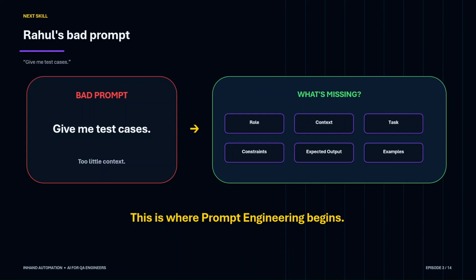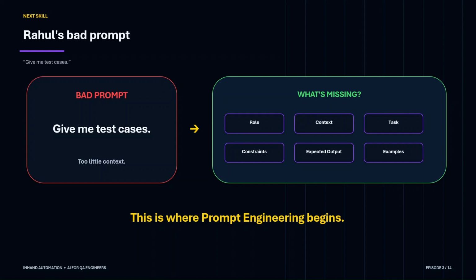Imagine Rahul gives the same instruction to a new QA engineer, Sam: "Give me test cases." The engineer would ask, "For what?" So sometimes the problem is not the AI. The problem is the instructions we gave it. And this is where our next major topic begins, which is prompt engineering.